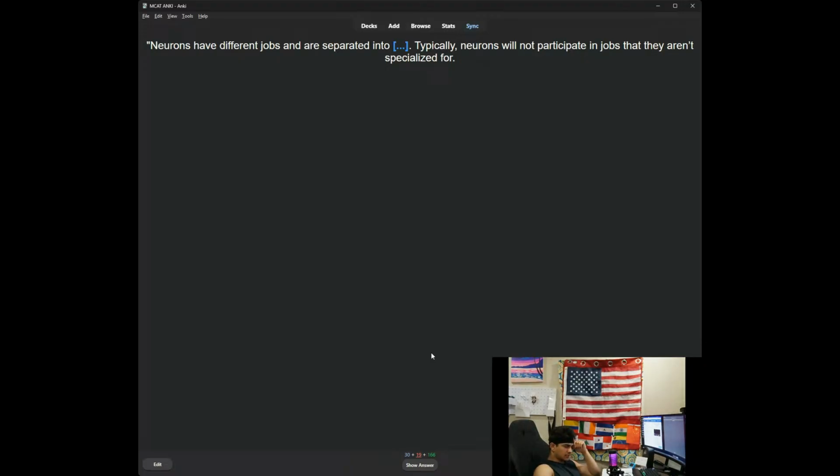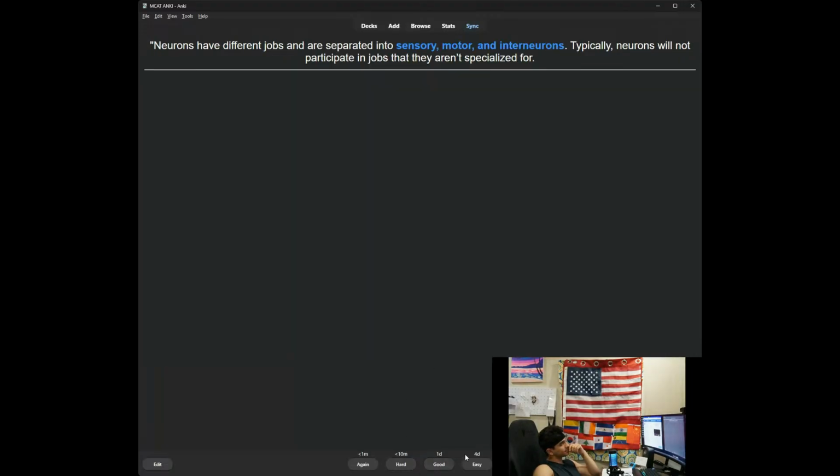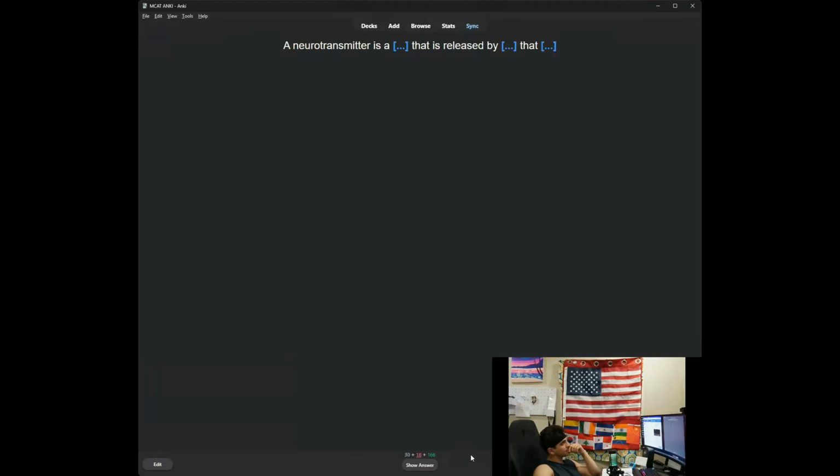Motor neurons, sensory neurons, interneurons. Oh man, 166.